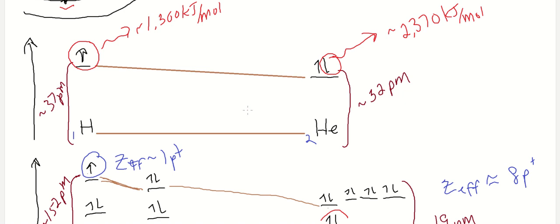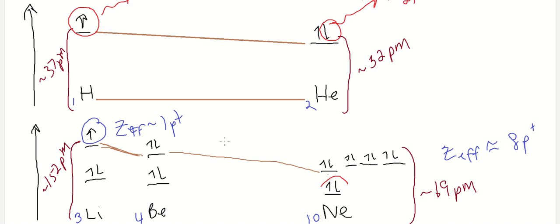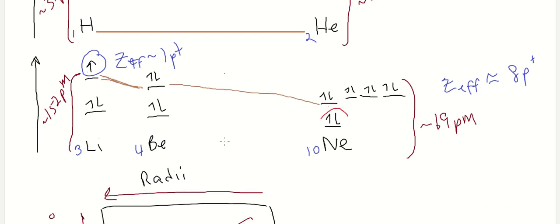So the trend is, as you go to the right, because those electrons are closer to what they're attracted to, ionization energy increases. As you go down the periodic table, those valence electrons get farther and farther away from what they're attracted to, so they become easier to remove.